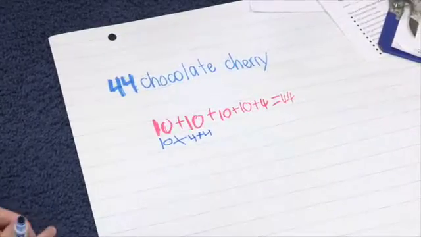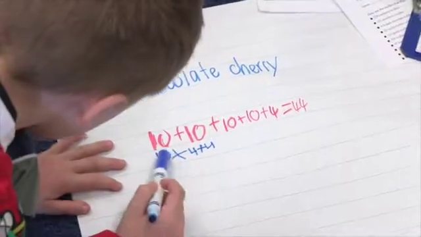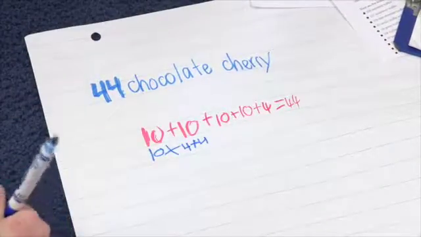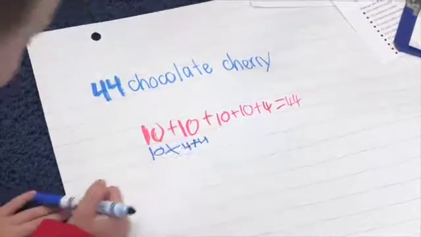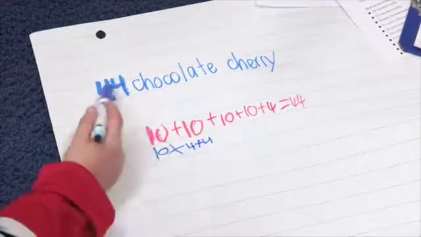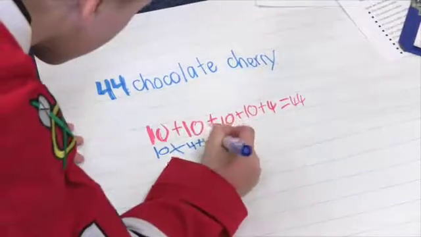Okay. So what made you do that? So I know that I count by 10s and stuff. And so I had 10 and then I times 4. Okay. And that gave you what? That gave me 40 and then I have to add another 4. So I plus 4, and then equals.